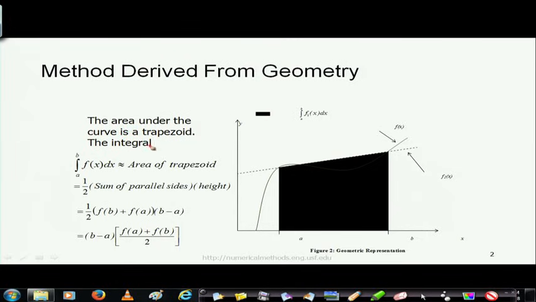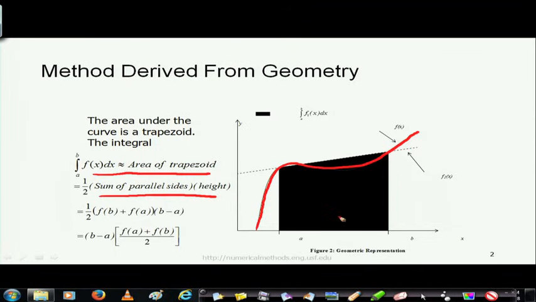So, the area under the curve in this particular curve is a trapezoid, this part. If I assume it to be a trapezoid, in that case the integral of f(x) dx is the area of the trapezoid, and we know that the area of a trapezoid is half the sum of the parallel sides, that means f(a) plus f(b), multiplied by the height.